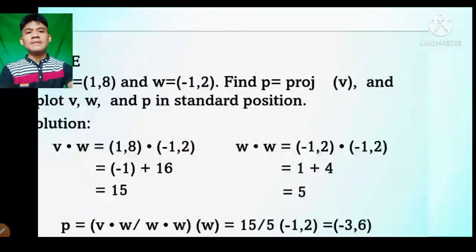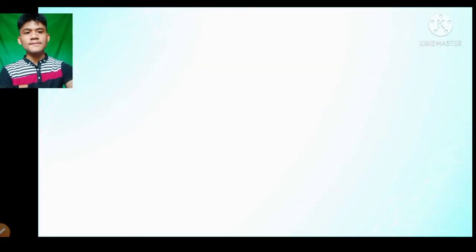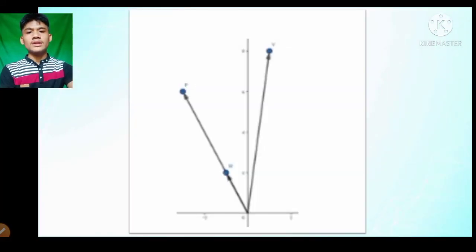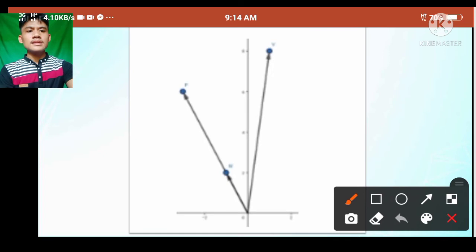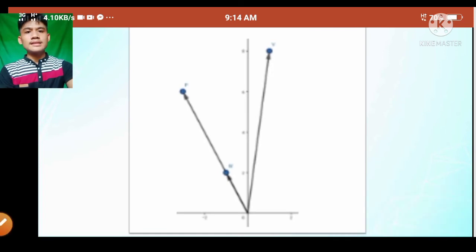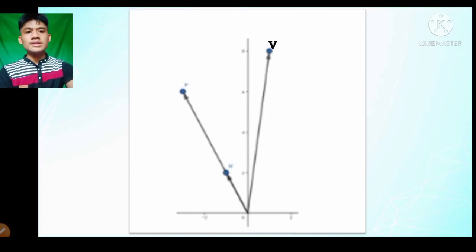Then we should plot those points for us to visualize. Let us denote where those points are. So this is our V, this is our W, and this is our P as the projection.